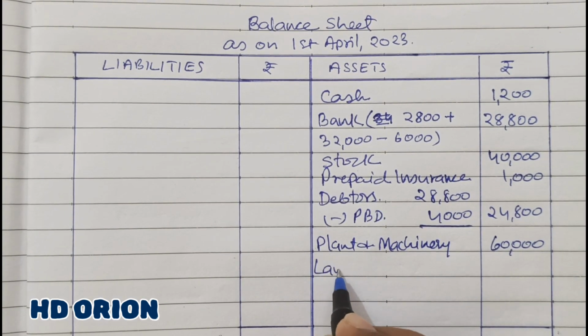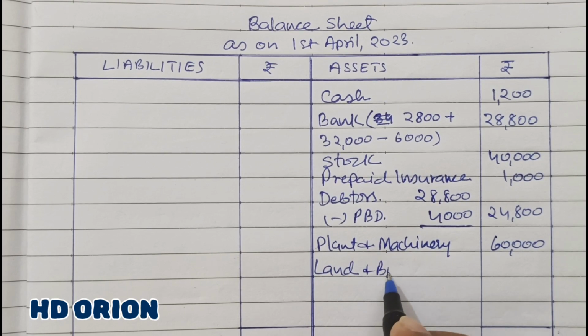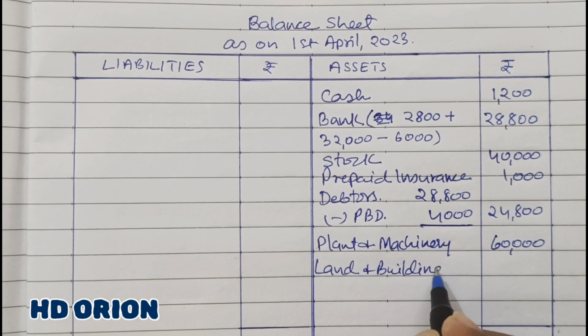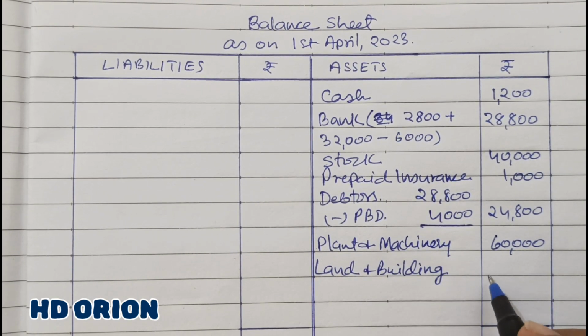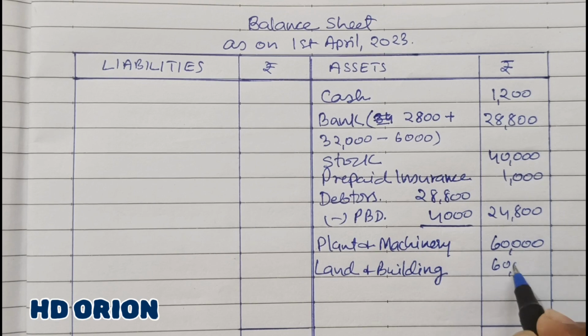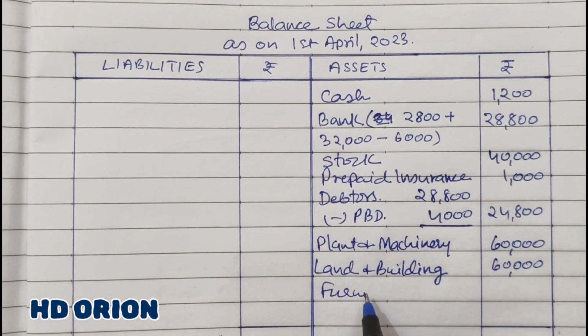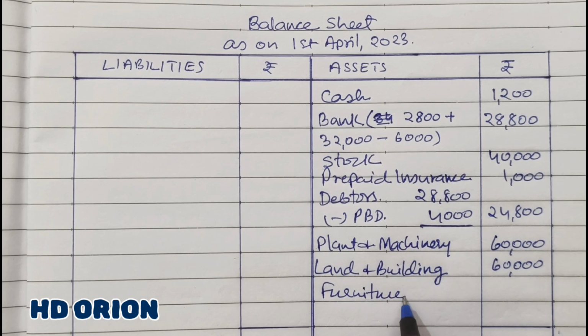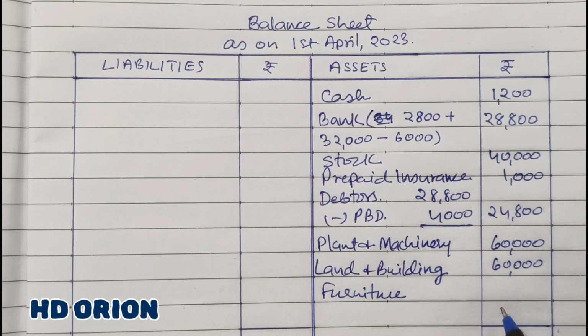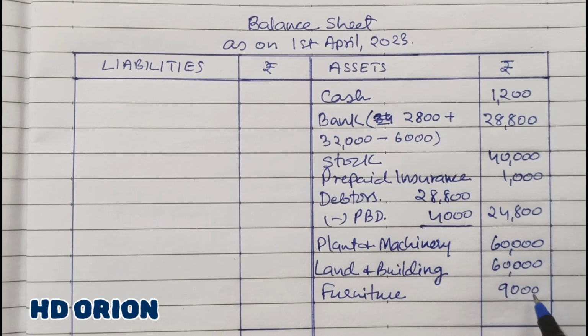Then land and building has increased by 20%. So from 50,000 plus 10,000 it is 60,000. Then furniture has decreased by 10%. So 10,000 minus 1,000 is 9,000.